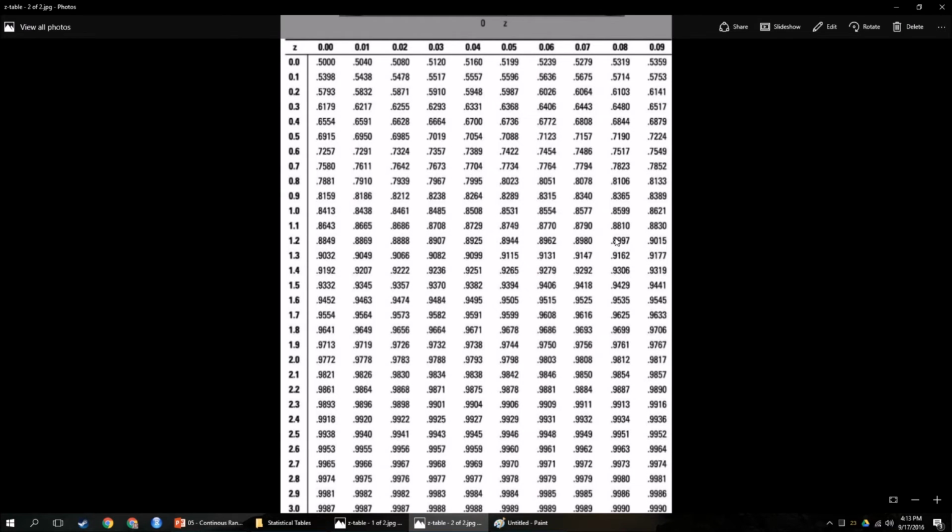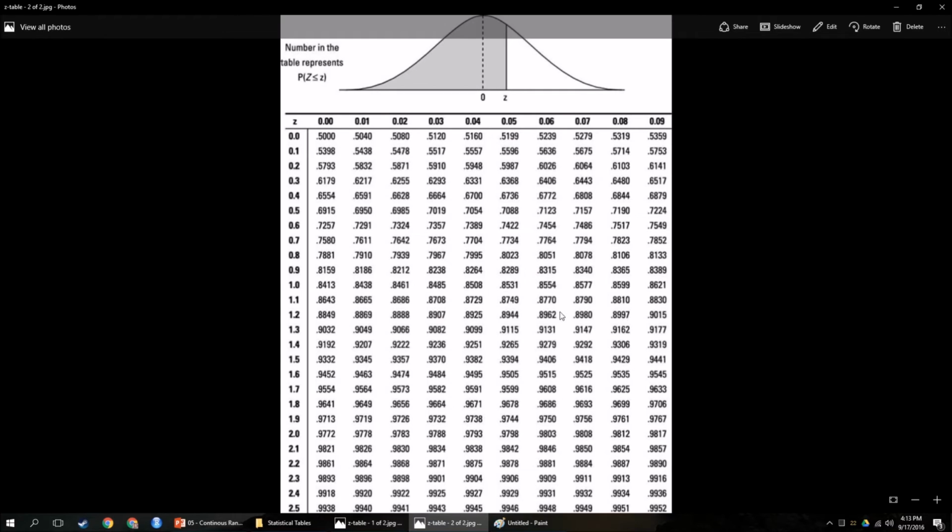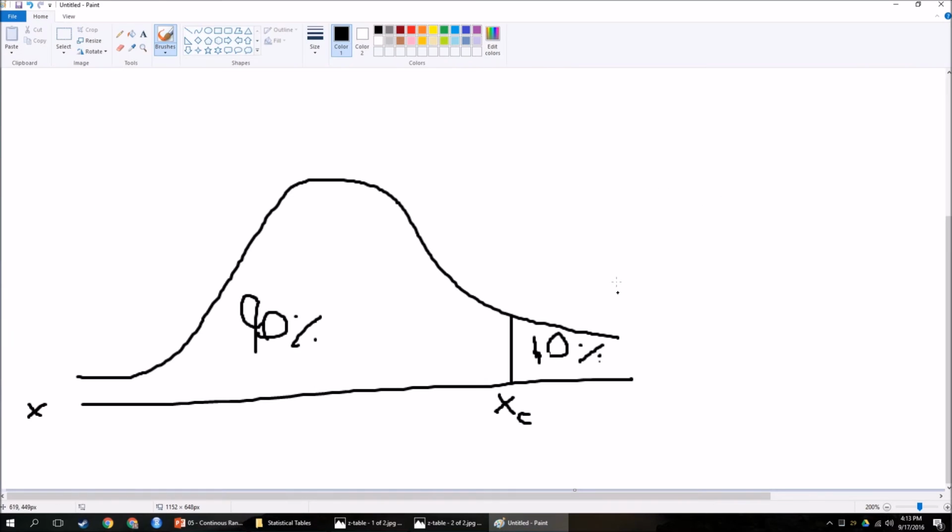The closest to 0.9 is this one right here, which is 1.28. Positive 1.28 standard deviations away from the mean. Okay? That's my z-value at which I should be setting the cutoff score for that exam.